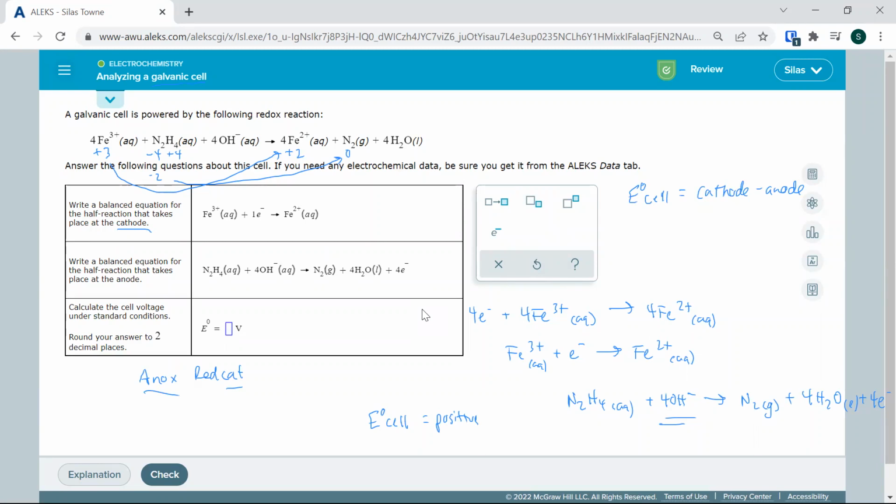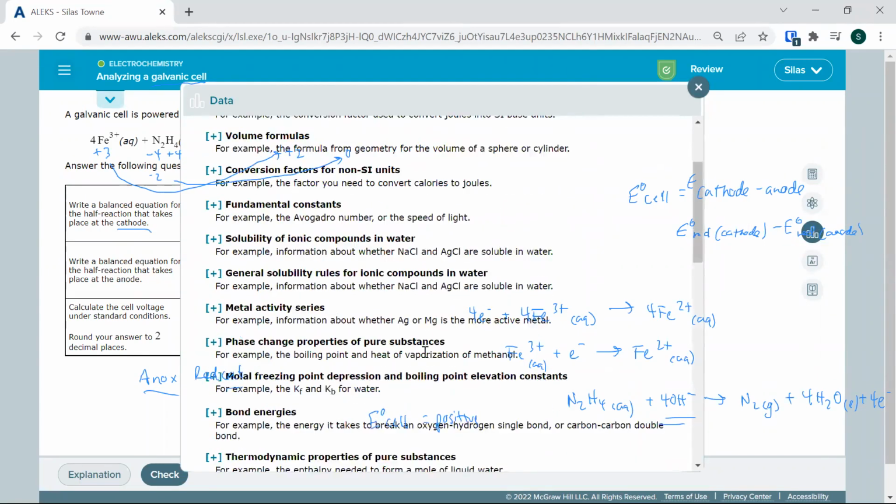We still use that reduction potential when we're writing these in, because it's technically the reduction of the cathode minus the reduction of the anode. So let's find them in our data tab.